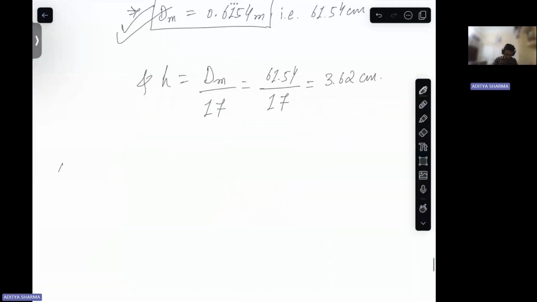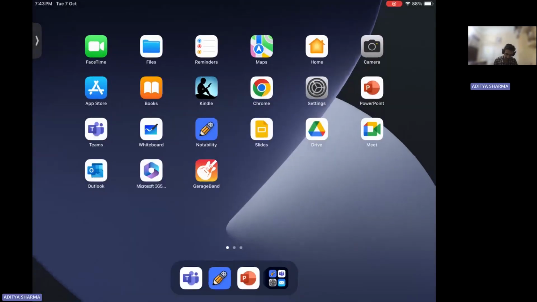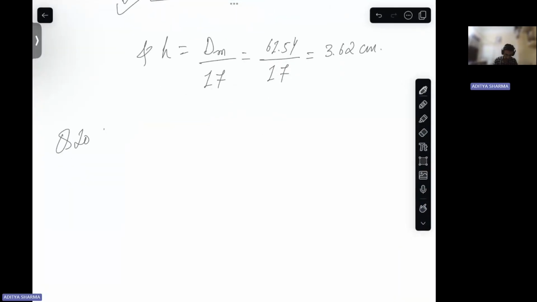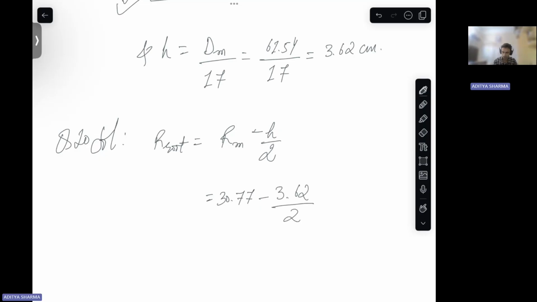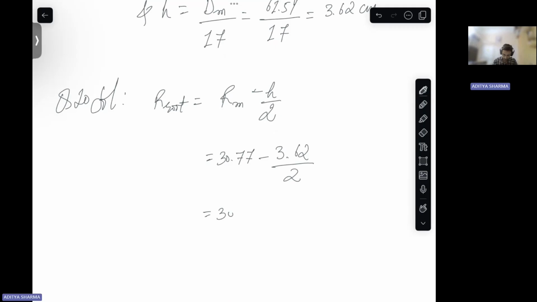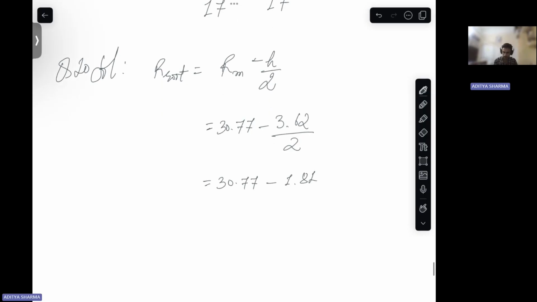So this is question number, I believe, 10. This is question number 10 solution. The radius at root is equal to r mean minus h by 2. So this is 30.77 minus 3.62 by 2. So this is 30.77 minus 1.81.